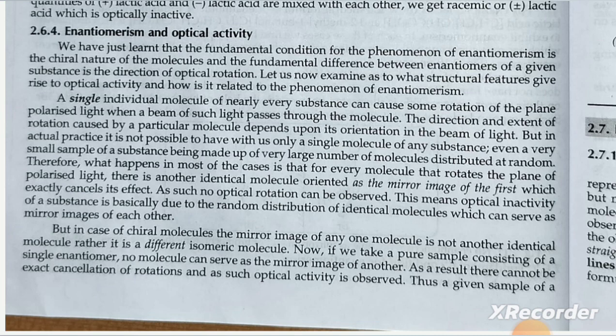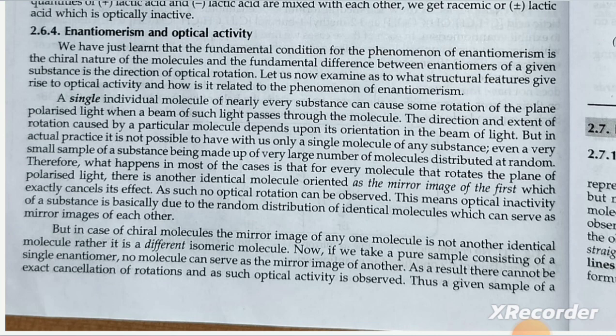Therefore, what happens in most cases is that for every molecule that rotates the plane polarized light, there is another identical molecule oriented as the mirror image of the first, which exactly cancels its effect. As such, no optical rotation can be observed. This means that optical inactivity of a substance is basically due to the random distribution of identical molecules, which can serve as the mirror image of each other.